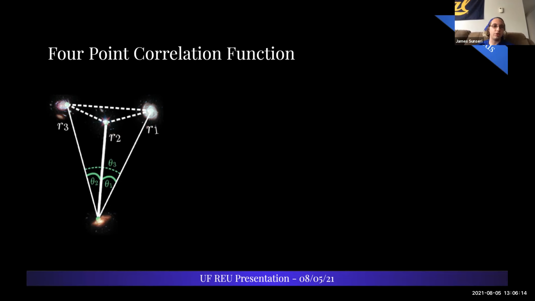Well, first, take 1 of your 4 points, set that as your anchor point and put that on a galaxy. It doesn't matter which one you start with, because you're going to look over all the different possibilities anyway. So we start with this anchor point, and then we have 3 extra points to look over the space with. We set these 3 points at different galaxy locations, and we draw the distance between each of these galaxies and the anchor point as R1, R2, and R3.